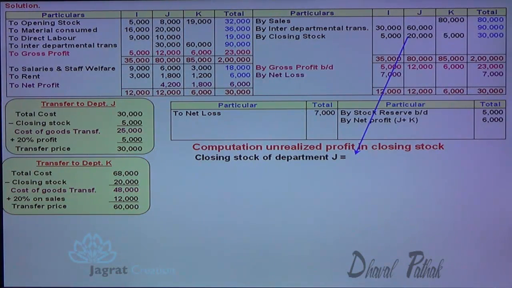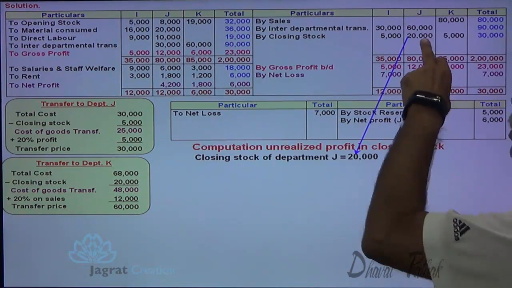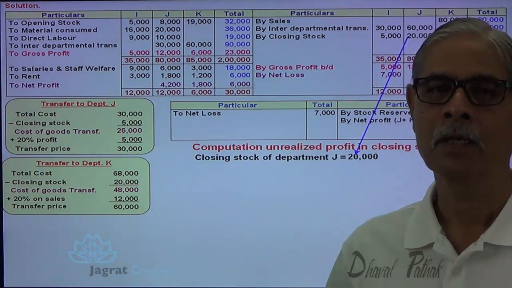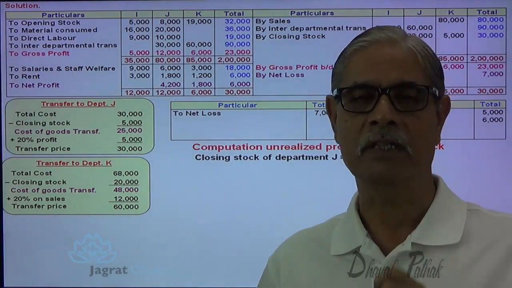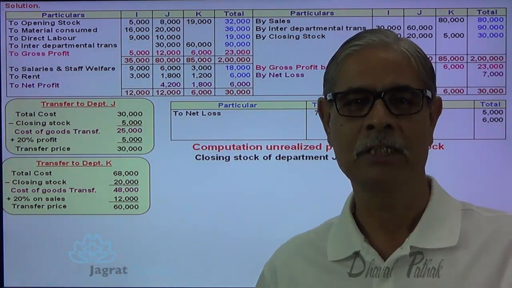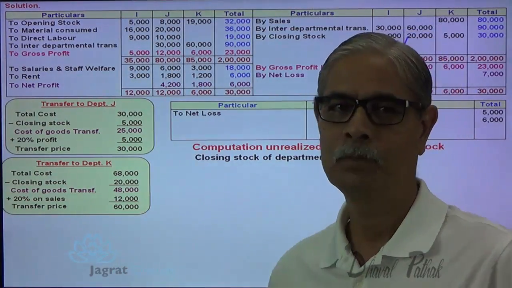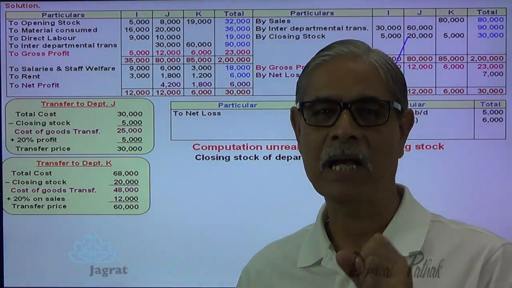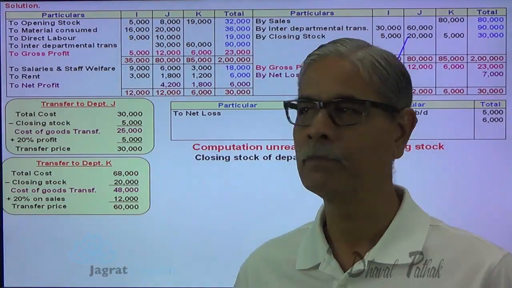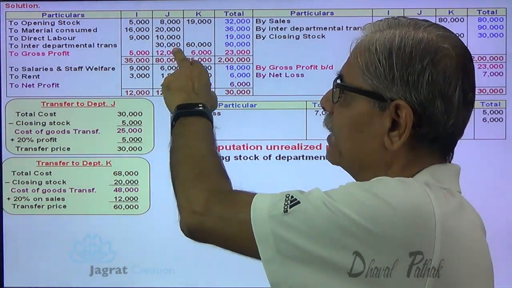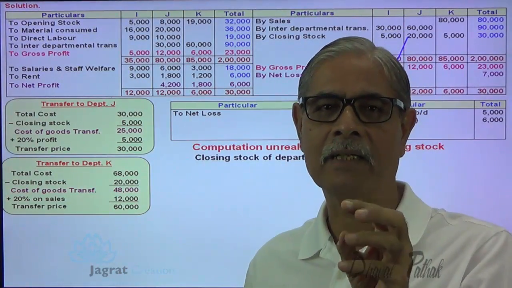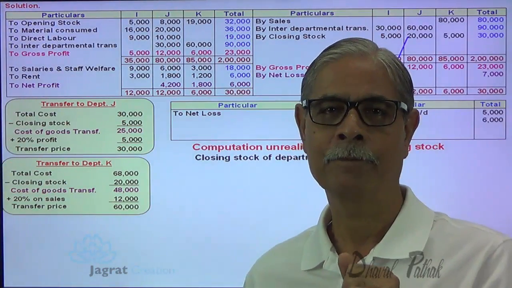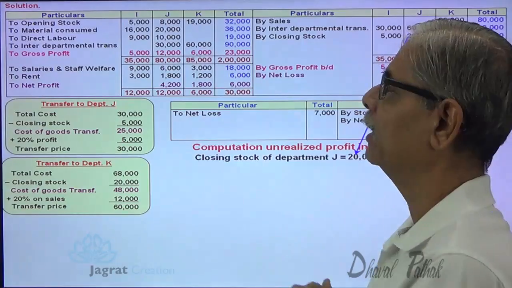Closing stock of department J, 20,000. In that stock valuation, there is a profit load that was charged by department I. Now this closing stock of 20,000 is a part of the cost constitution of department J. In that, this 30,000 item is an item which has a profit element.